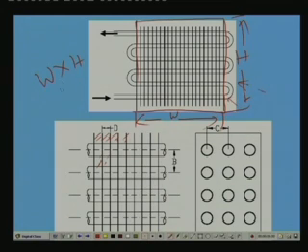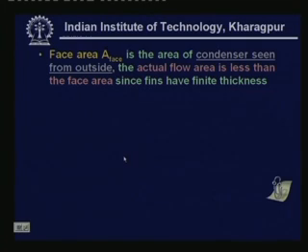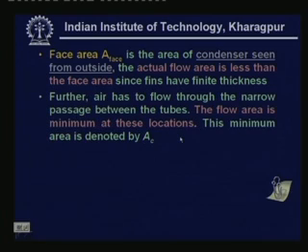So this area minus the area occupied by the fins minus the area occupied by the tubes is what is available for the flow of the air. So, the actual flow area is less than the face area since fins have finite thickness, as I have already explained. Further, air has to flow through the narrow passages between the tubes, and the flow area is minimum at these locations, and this minimum area is denoted by A subscript C.